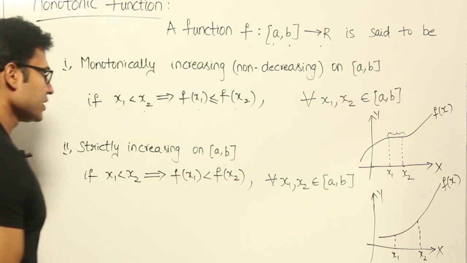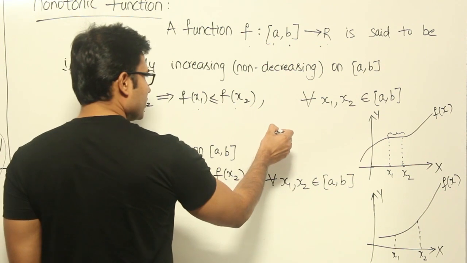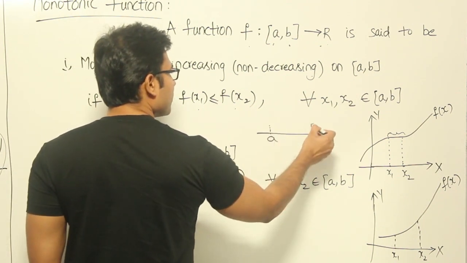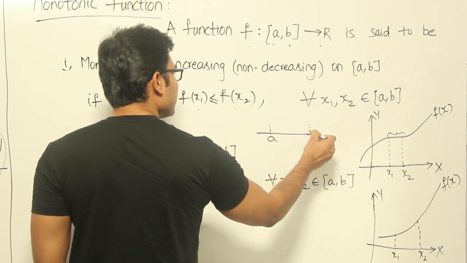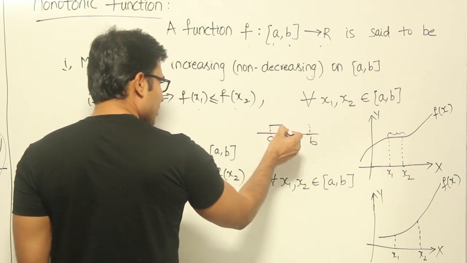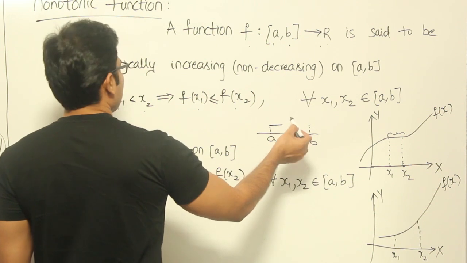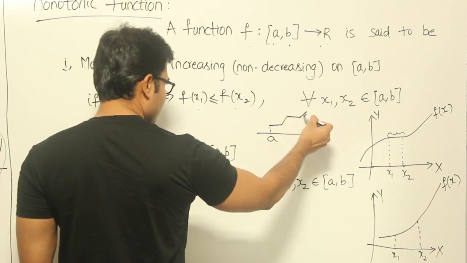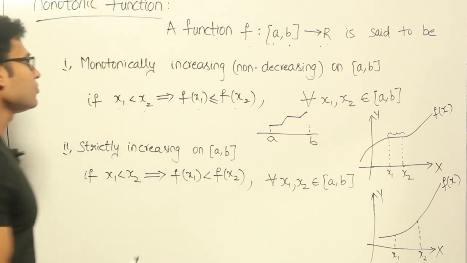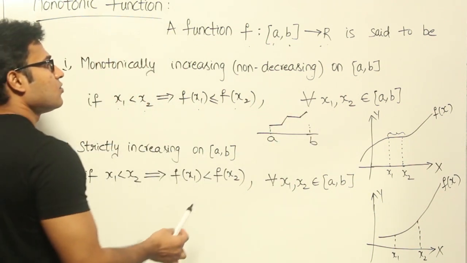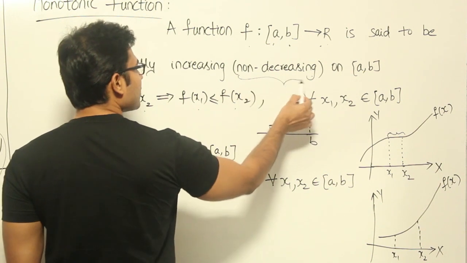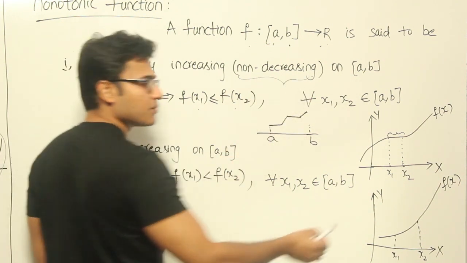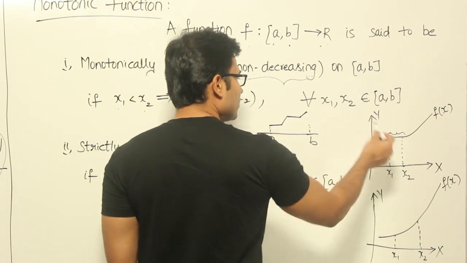So what they mean to say is, if you are having a function within the range a to b, then it should either be the same or it should be increasing. If you have such a function, then it is called monotonically increasing, right? So what it means is, it should not decrease at any point. It could either remain the same or it could increase, right? Now if you observe this one, even a function like this.